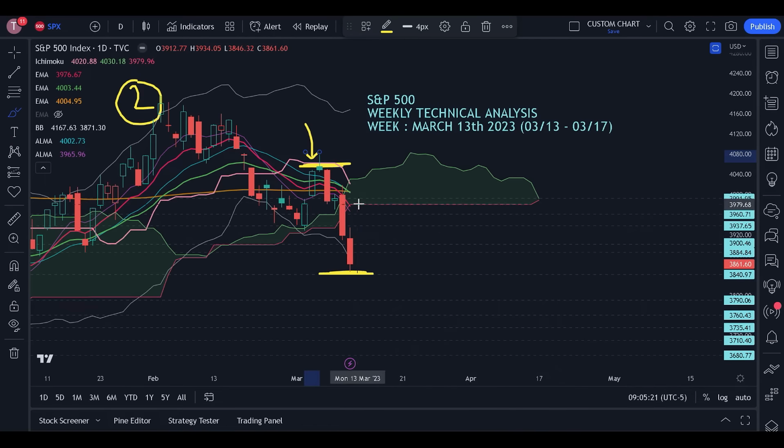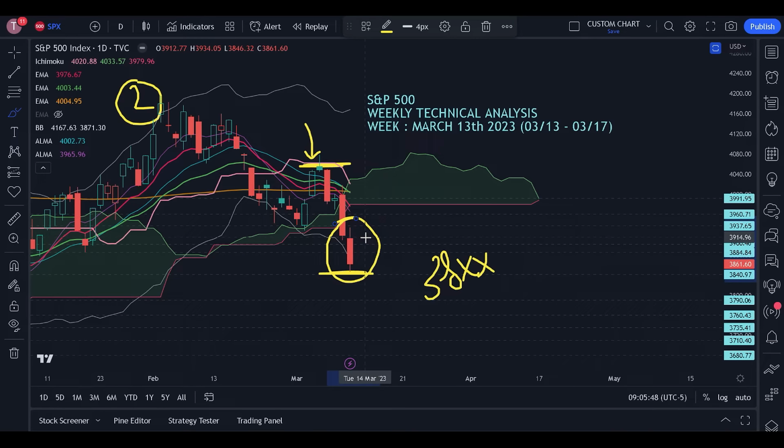side. What has happened is that the S&P 500 has come down significantly to the 3861 levels. And also there are two consecutive closings below the Ichimoku cloud. Technically, it is absolutely bearish.